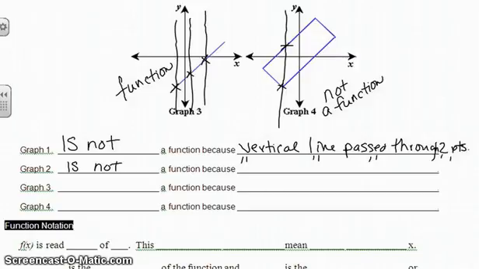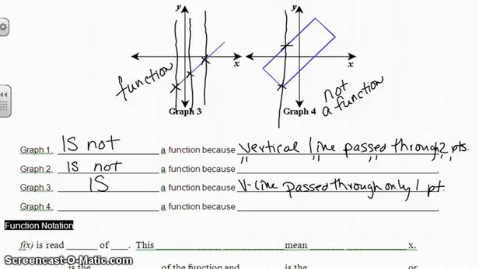Looking at graph 3, it is a function because my vertical line passes through or passed through only 1 point on that graph.